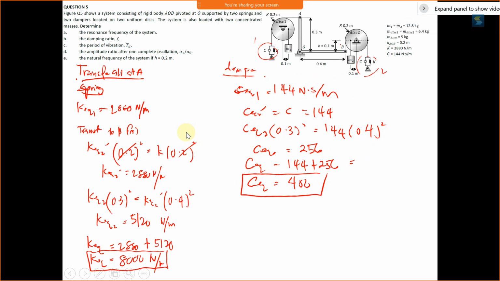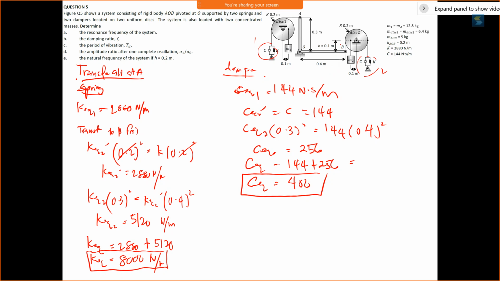Sebab natural frequency must depends on M equivalent and K equivalent. So kalau kita ubah H pun, nilai H ni berubah 0.2 ke 0.3 ke ataupun 0.05 ke, dia still nilai omega n yang sama. Alright, doesn't change anymore.